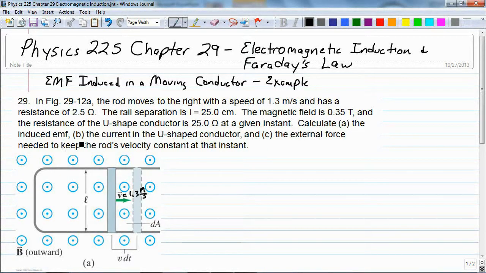And it has a resistance of R equal to 2.5 ohms. And the rail separation is 25 centimeters.